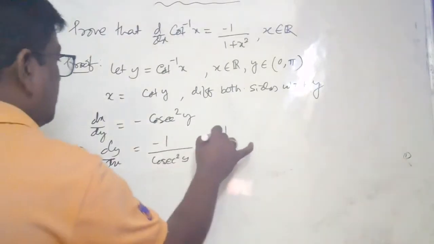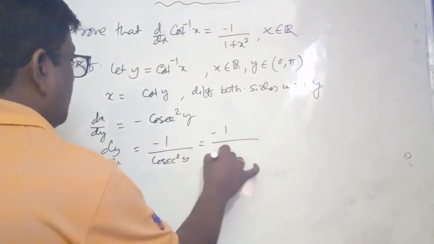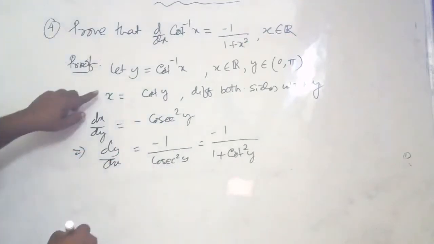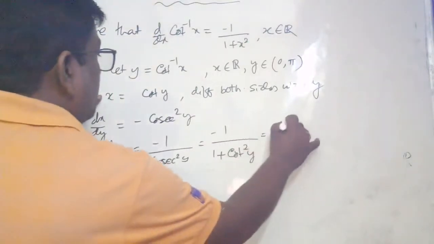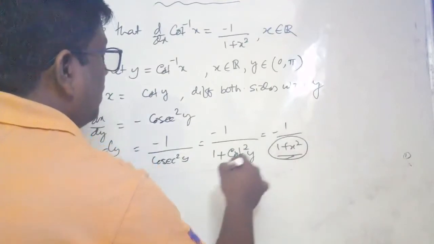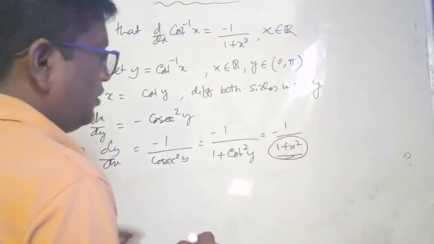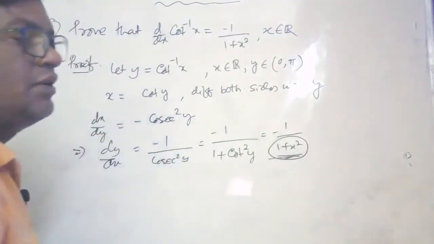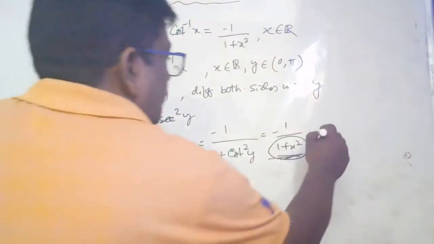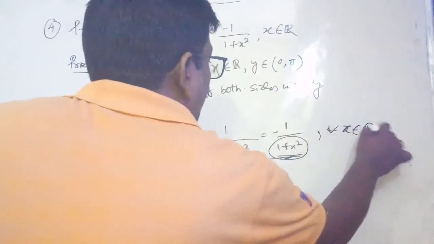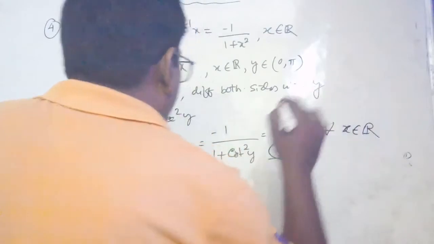This is equal to minus 1 by 1 plus cot square y. What is cot y? This is x, so minus 1 by 1 plus x square. This cannot be negative or 0, because 1 plus x square is never 0. So for all x belongs to R.